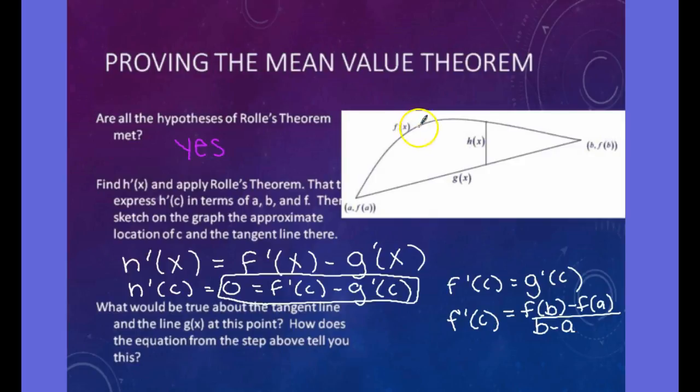So I would say somewhere up on this peak is going to be that c value. So probably like right there. And it's just further left. Like I would approximate my c value to be right in there.